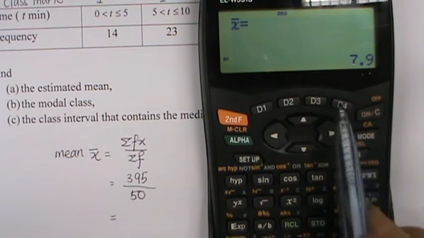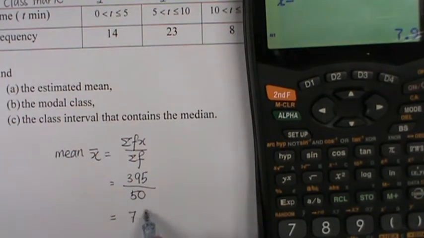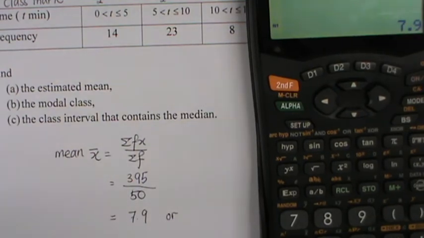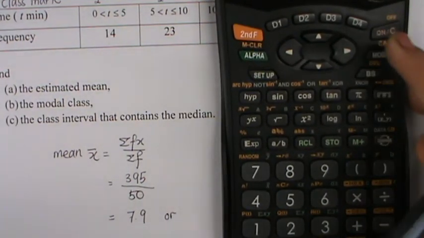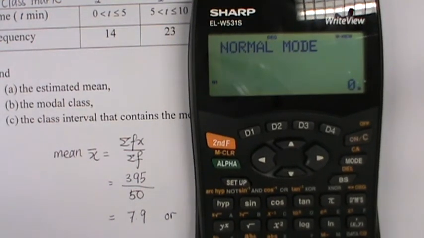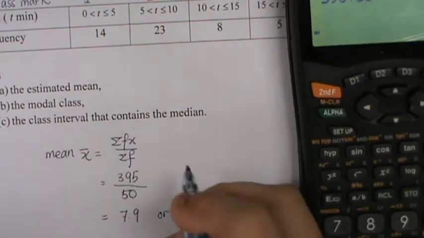And in this case, my answer is 7.9, an exact number. I do not need to round off. Alternatively, you can choose to write your answer by changing your calculator back to the normal mode, 395 divided by 50 equals 7 9/10.